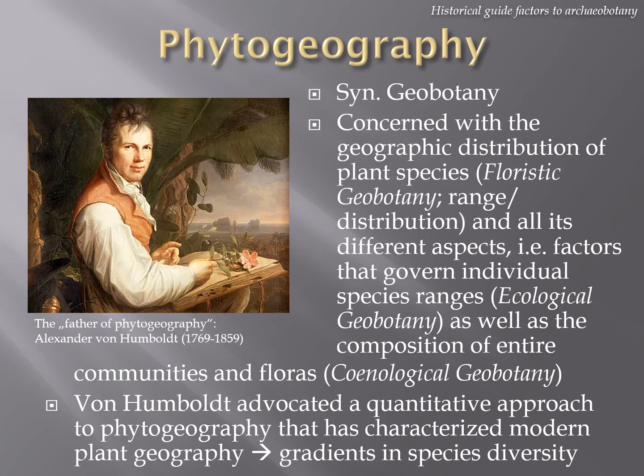Alexander von Humboldt can be considered as the father of phytogeography. He advocated a quantitative approach to phytogeography that has characterized modern plant geography and was developed into gradients in species diversity.